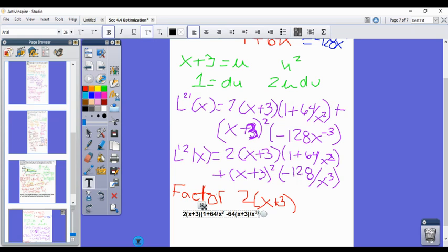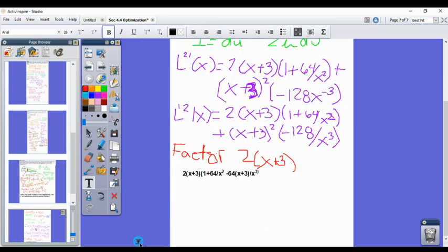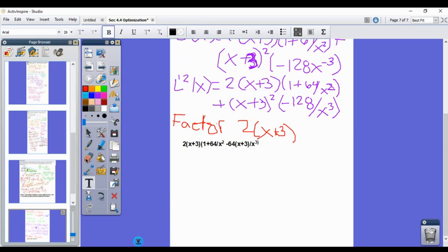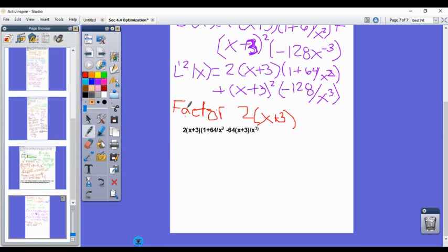Now we're going to distribute the 64 to this side. I'm going to have to do it with my mouse since the pen won't work.